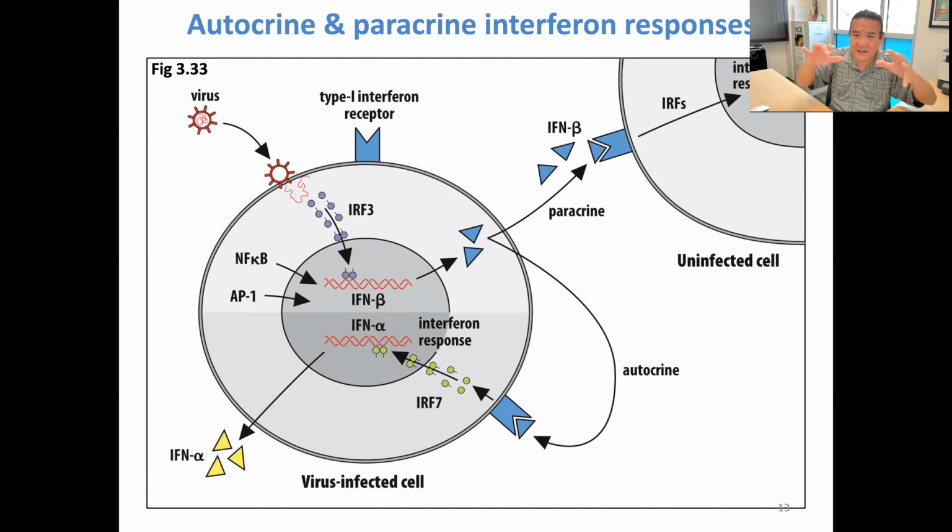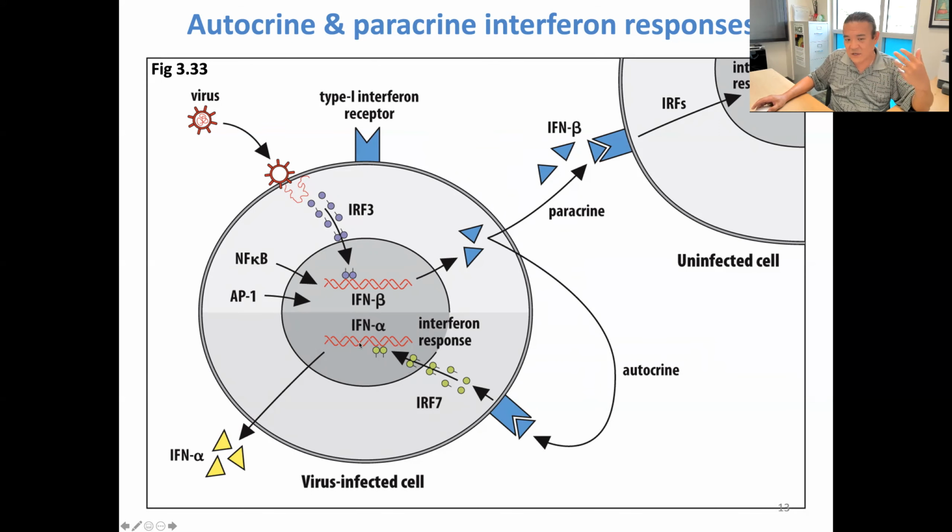But because this is a cloud of blue triangles coming out of the infected cell, that means the infected cell itself is subjected to these blue triangles around it. And so not only would you get paracrine signaling, so paracrine is when a signal is sent from one cell and received by another cell, you also get autocrine signaling, meaning these blue triangles feed back and are picked up by the type 1 interferon receptors of the infected cell itself.